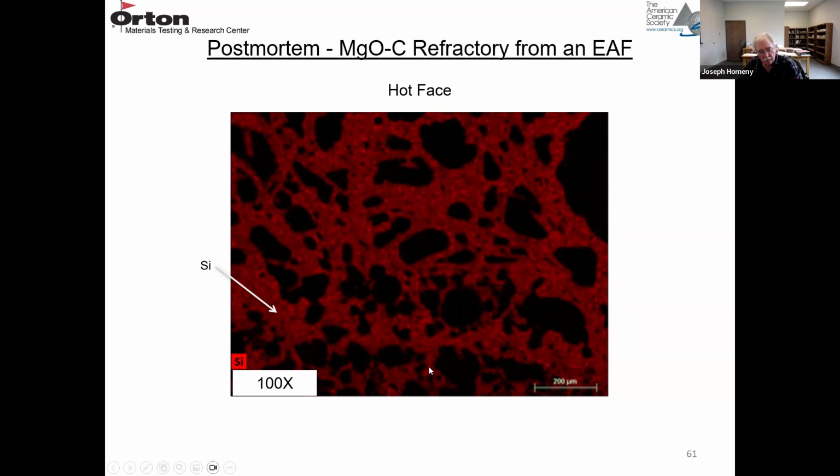And the silicon, SiO2, the red here, you can see it penetrating the MgO aggregate. So here, the black regions are the individual MgO crystals. They're now separated by enhancing, the grain boundaries are enhanced when the silica penetrates.